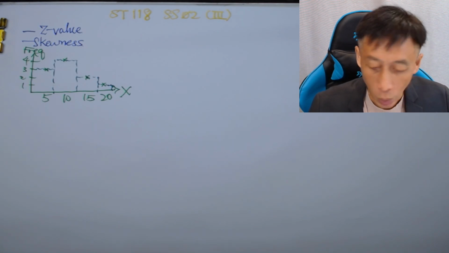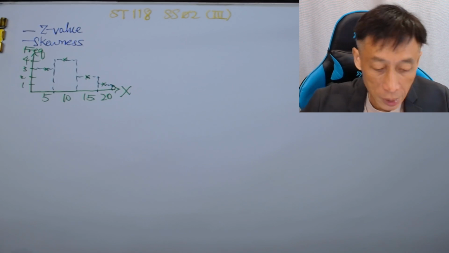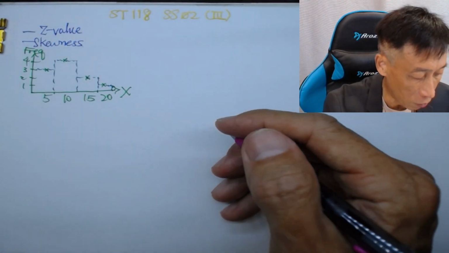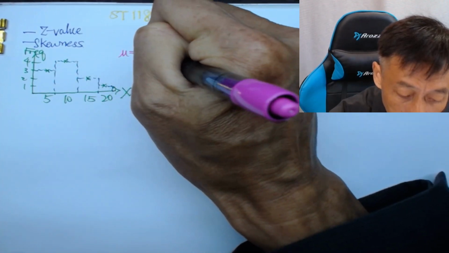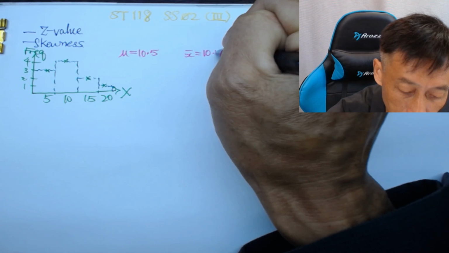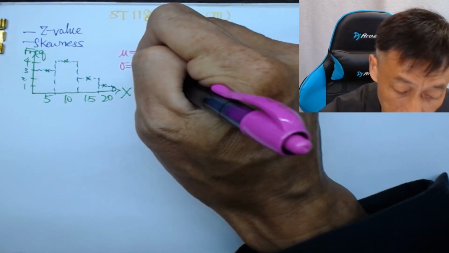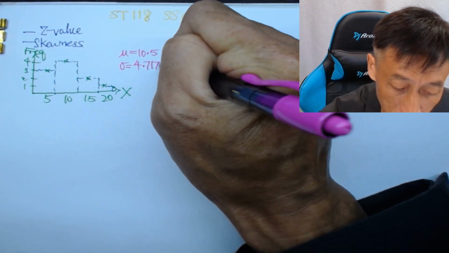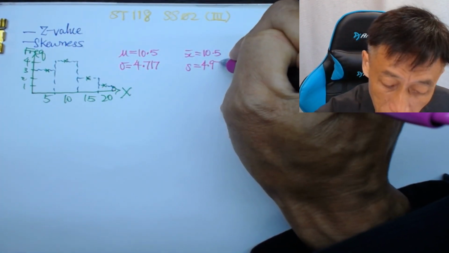Recall that earlier on we calculated the values of mu to be 10.5, X bar also was 10.5, sigma was 4.717 and S was 4.9721.